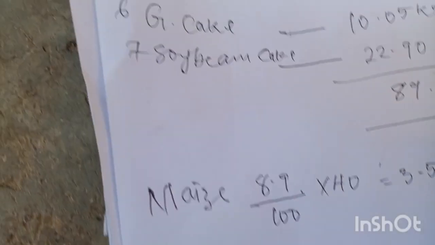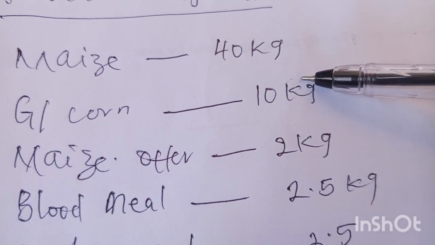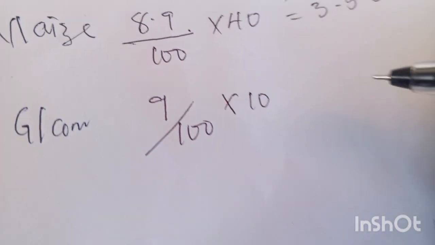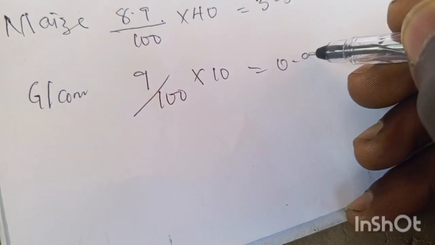Remember, our guinea corn here, look at it, is 10. You understand? So 9/100 times 10 will give us 0.9.